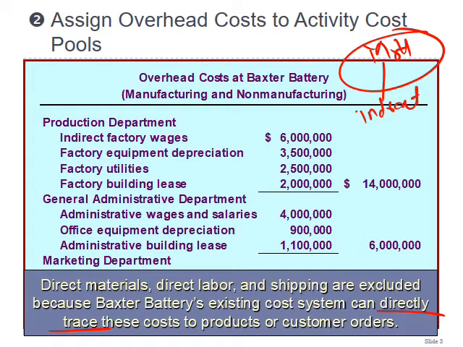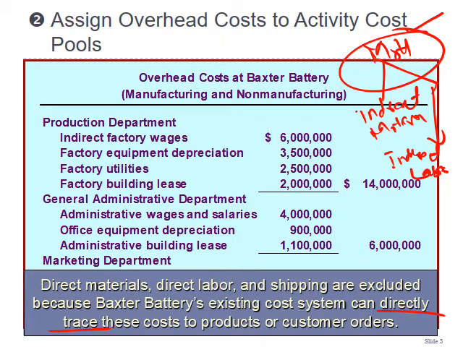Let me just write it. Indirect material and indirect labor, right? Which cannot be easily traced out or which we cannot measure easily, and we call that manufacturing overhead. So all these cost systems are implemented to calculate or to apply manufacturing overhead on the products.